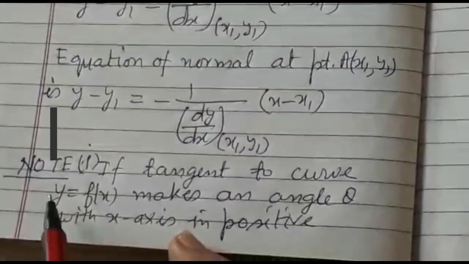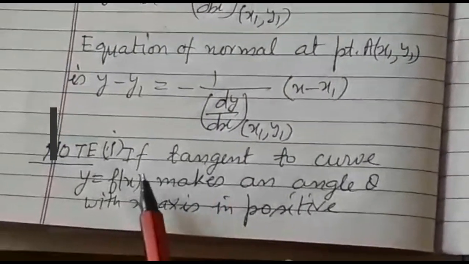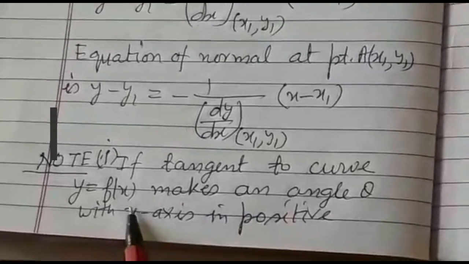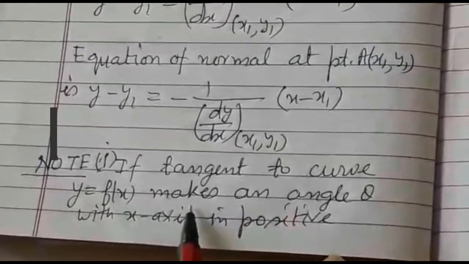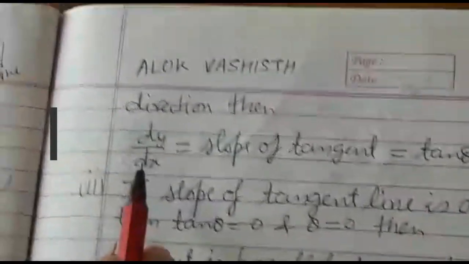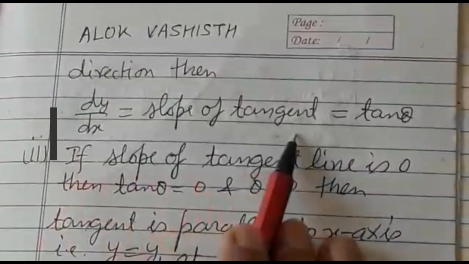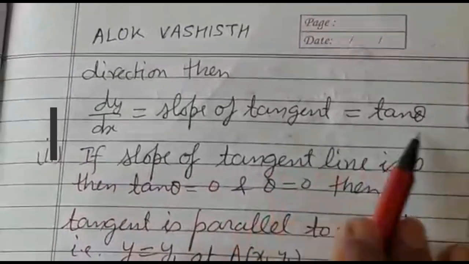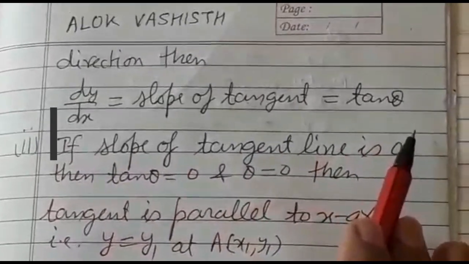Now we have certain observations. One is, if the tangent to the curve f(x) makes angle theta with the x-axis in the positive direction, then dy/dx is the slope of the tangent, and it is basically tan theta.